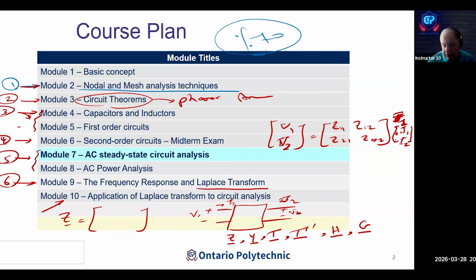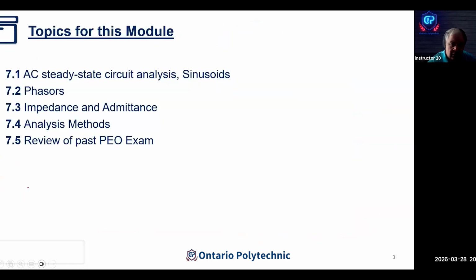This is the relationship for the two ports. And module 10 is for the modular and time, together we have one question.